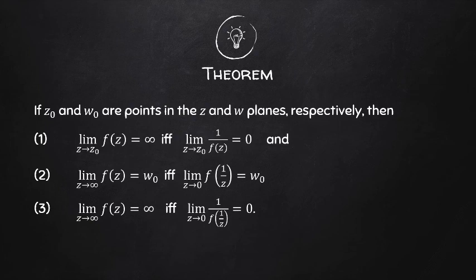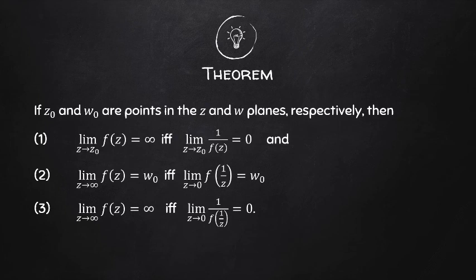The first case is the limit as z tends to z0 of f(z) is equal to infinity if and only if the limit as z tends to z0 of 1 over f(z) is equal to 0. The second case is the limit as z tends to infinity of f(z) is equal to w0 if and only if the limit as z tends to 0 of f(1/z) is equal to w0.